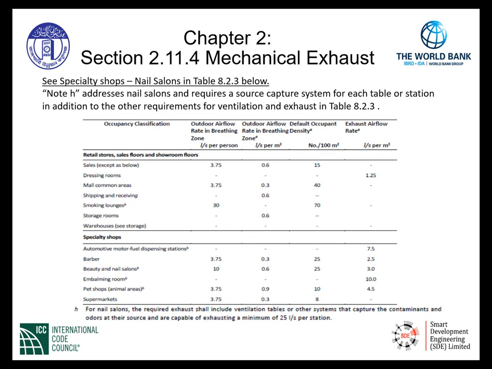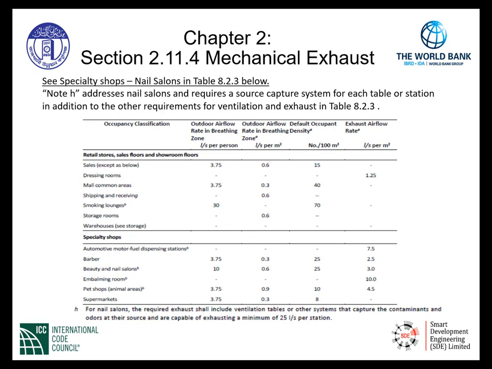Note H at the end of this particular table addresses nail salons and requires a source capture system for each nail table or station, in addition to the other requirements for ventilation and exhaust in this particular table 8.2.3.